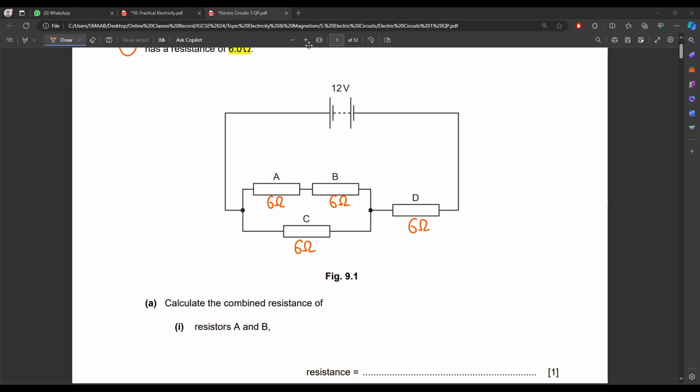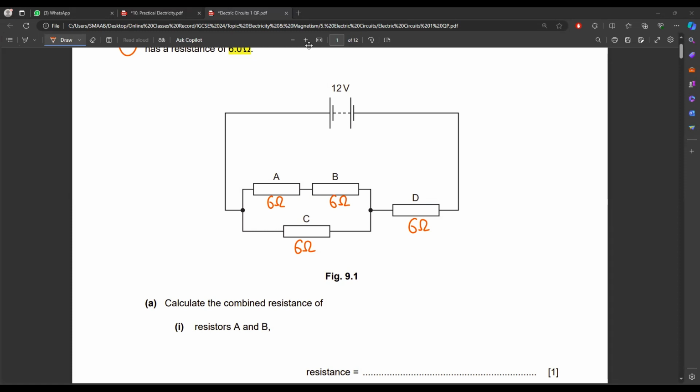But in this question, there is a mixture of combination, with series combination and parallel combination given in the same diagram. So that's how you have to find out the combined resistance.